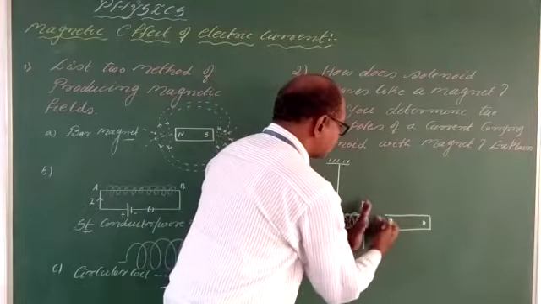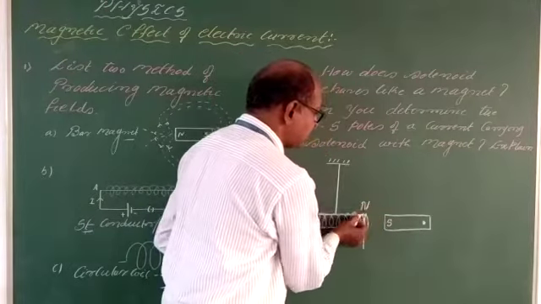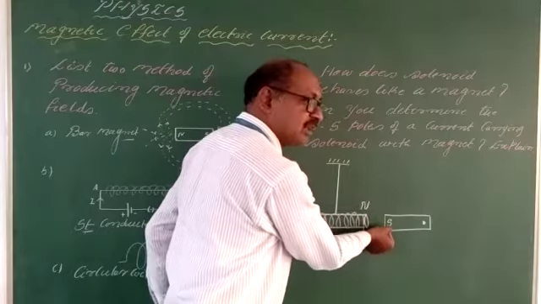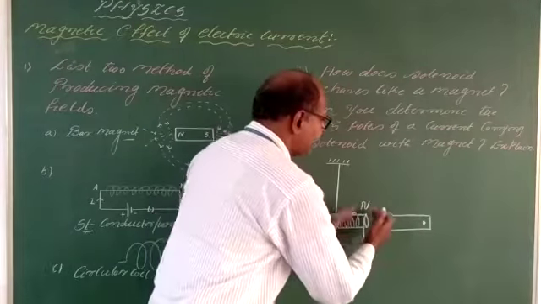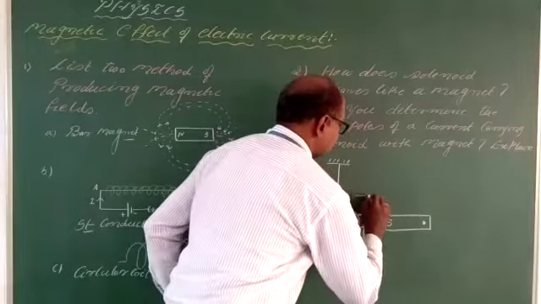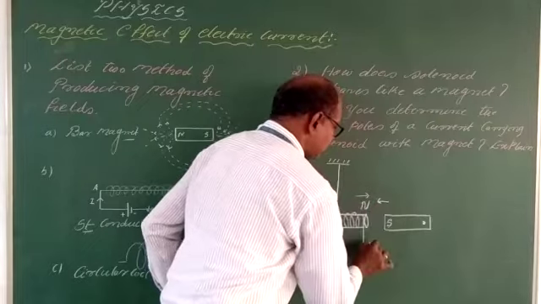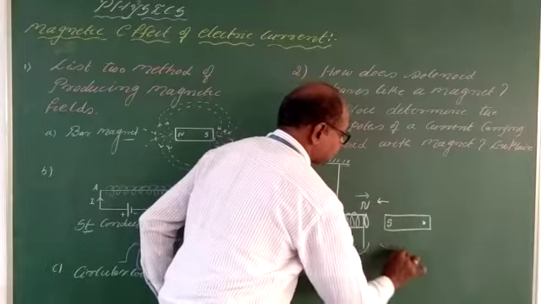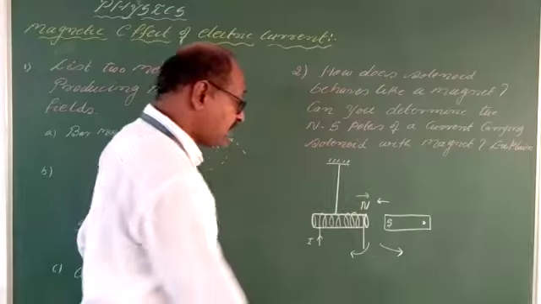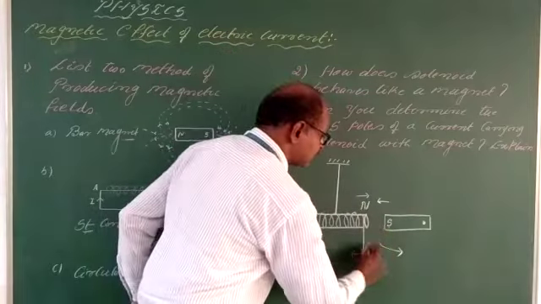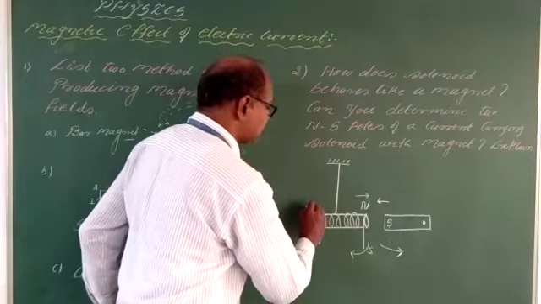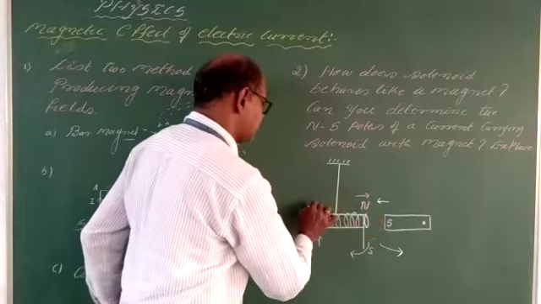Whenever it attracts, I can say this is the north end and this one is the south. Whenever it repels like this, then I can consider this one as south and this one as north.